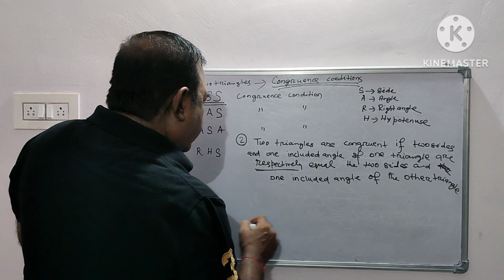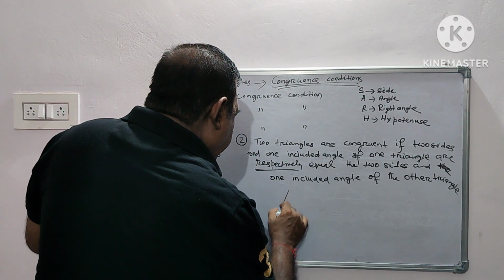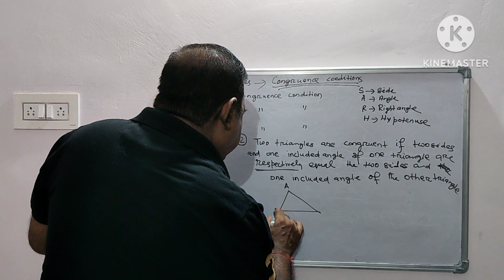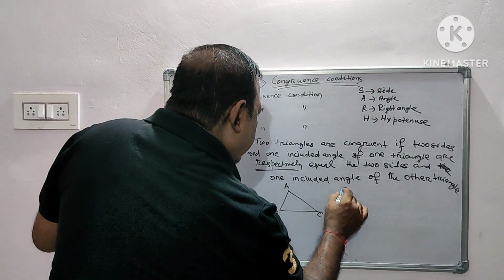Let us take one example here. Suppose ABC and PQR.